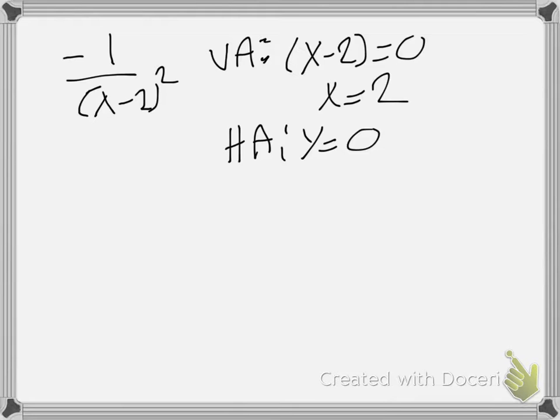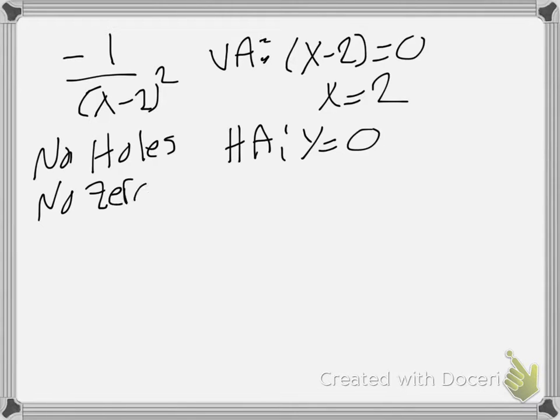There's no factors to cancel out, so there's no holes. Okay. Setting the numerator equal to 0 doesn't make any sense, so I don't have any zeros. Okay. The y-intercept, plug in 0 for x, I get negative 1/4. So I get y-intercept of 0 comma negative 1/4.